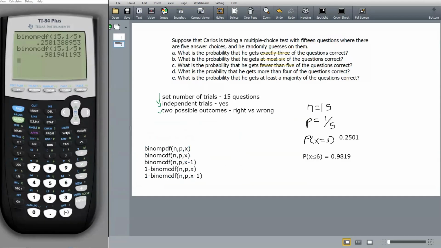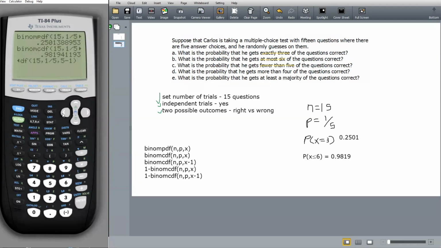So I will still click second and vars, and then go down to binomial CDF. My trials are 15. My probability is 1 out of 5. But now for my x value, I'm going to type 5 minus 1 because they give me an x of 5, but we are not including that number. So I will subtract 1 from it.